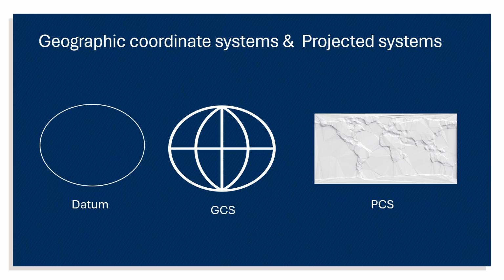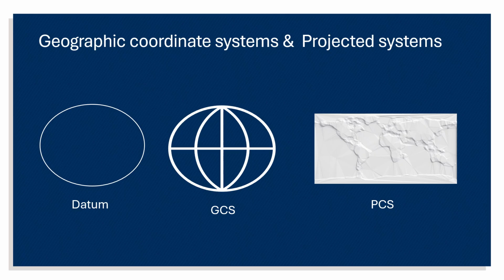And so once we apply those lines of longitude and latitude to that datum, and then reference those lines to the specific locations where we want them to be, things like the central meridian and the equator, we now have a geographic coordinate system.